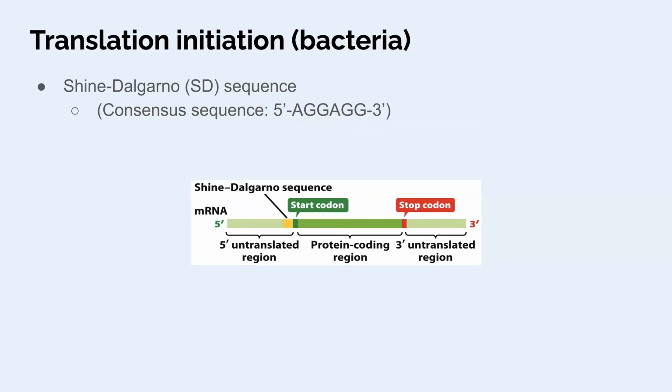The job of the SD sequence is to serve as a location where the ribosome can get attached. The sequence there is recognized by the ribosome involved in translation, attaches to the RNA, and shortly after the SD sequence, usually there's a start codon right there, and then translation would happen.